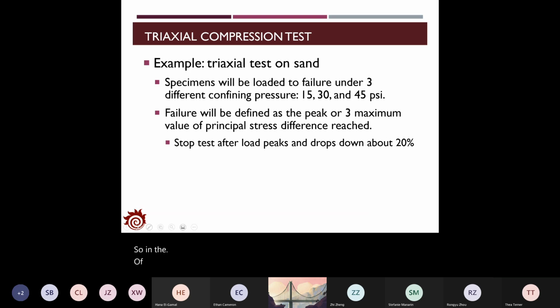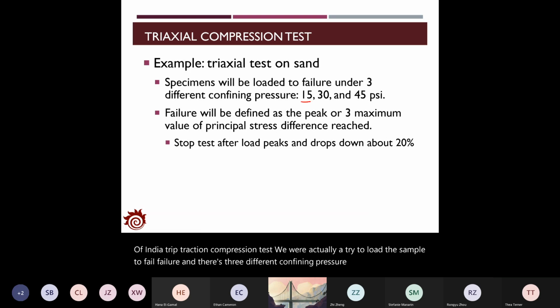In the triaxial compression test, we will load the sample to failure under 3 different confining pressures. That is 15, 30, and 45 psi. This kind of confining pressure is much larger than what we set for the resilient modulus test.